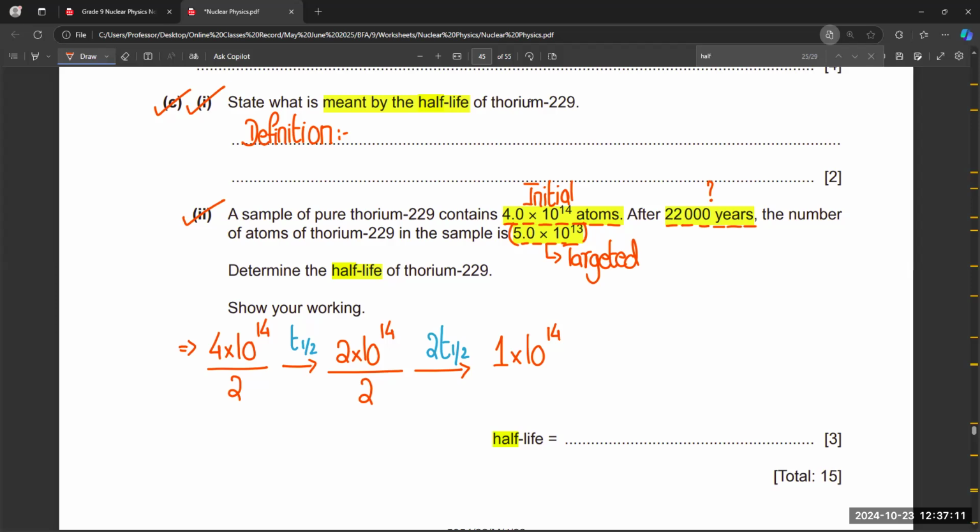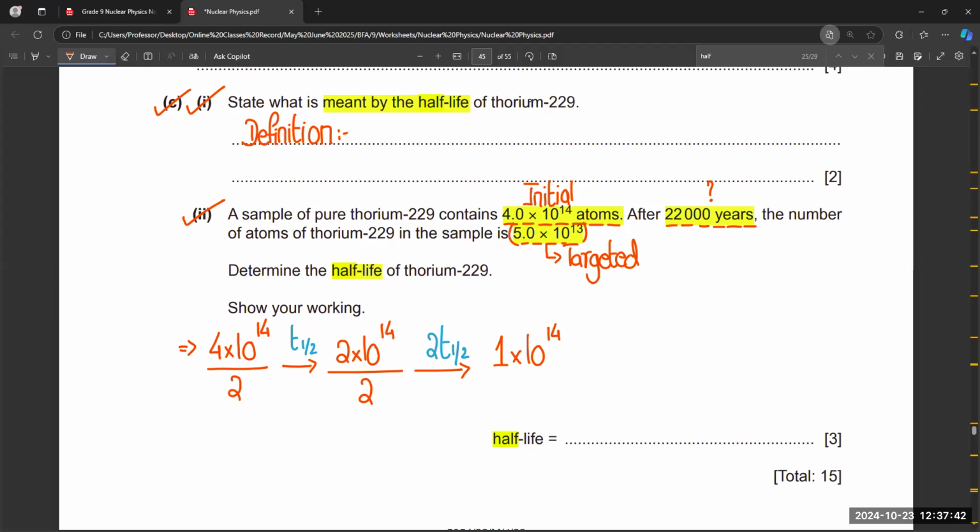So that's why in our question, you can see we consider the initial value and perform the first half-life. After the first half-life, we got one value, that is 2 exponent 14. And that value is not the same as the targeted value. It means we need to perform one more half-life. So we perform one more half-life, but still we are not getting the targeted value, right? So it means we need to perform one more half-life.